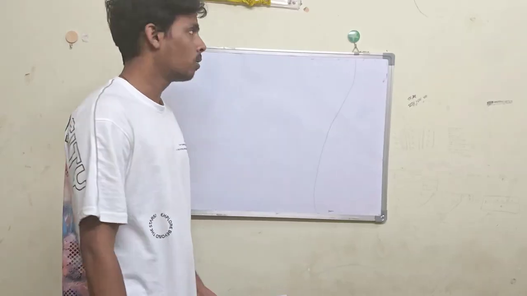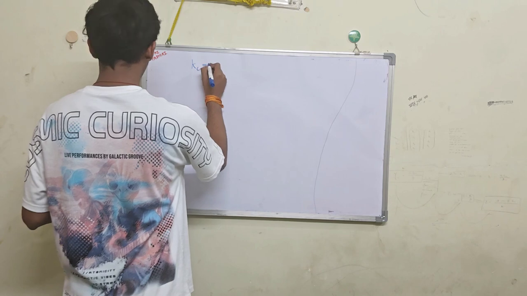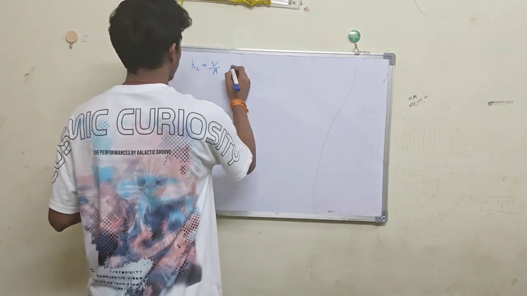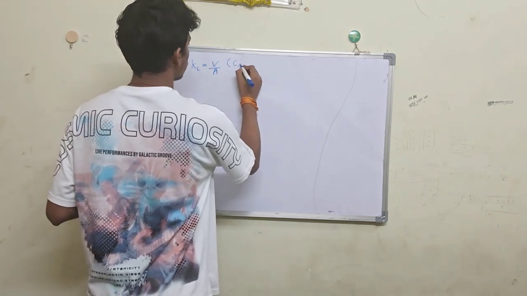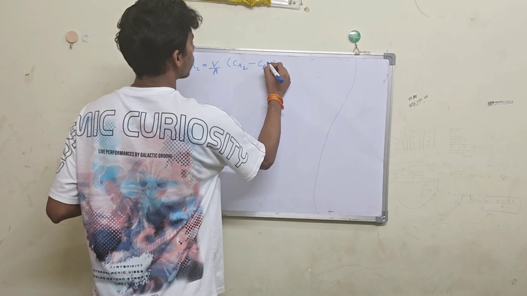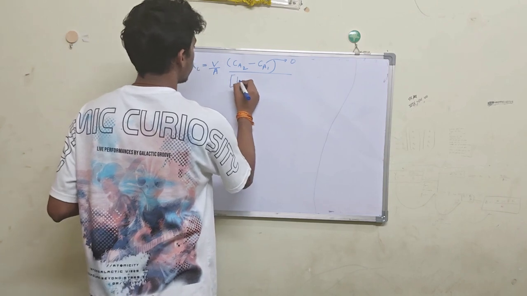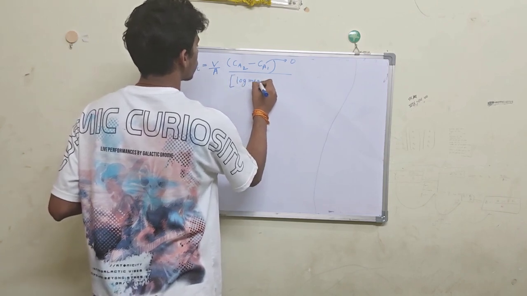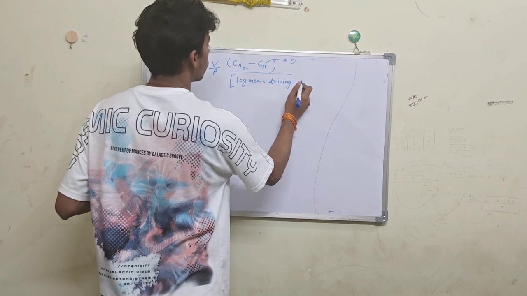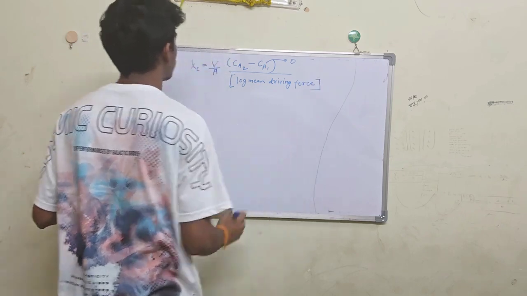Equating the previous two equations, we'll get Kc is equal to volumetric flow rate by area, which is velocity of the water, into CA2 minus CA1. CA1 we know, which is 0. CA2 we have to calculate, divided by that log mean driving force. I'm not writing that expression. I hope you may have found that value of the log mean driving force.